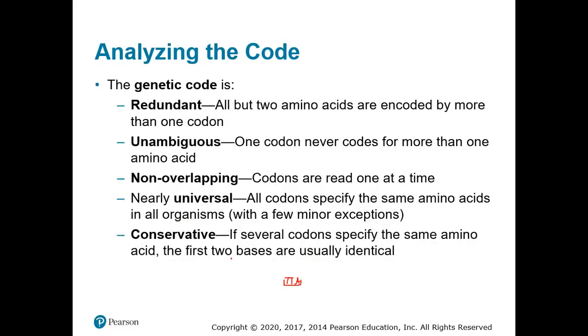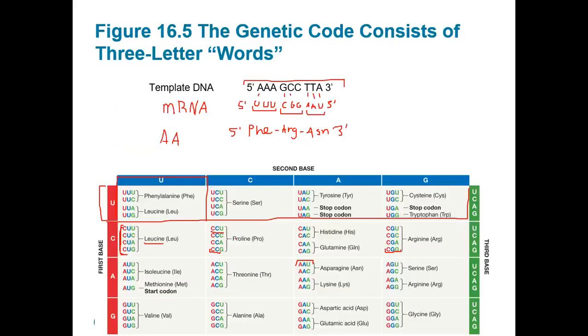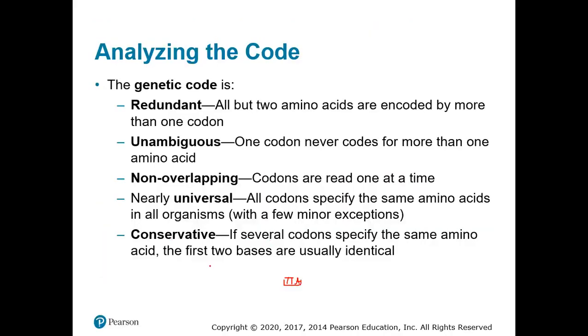Most of the time, you're going to see these first 2 bases be identical for that codon. So serine's always UC, just that last base that changes. Another, valine over here, is always GU. And you'll see there's some areas where this is not always true, like with GA or with AG. But for the most part, a lot of our codons are conservative. The first 2 are usually identical.